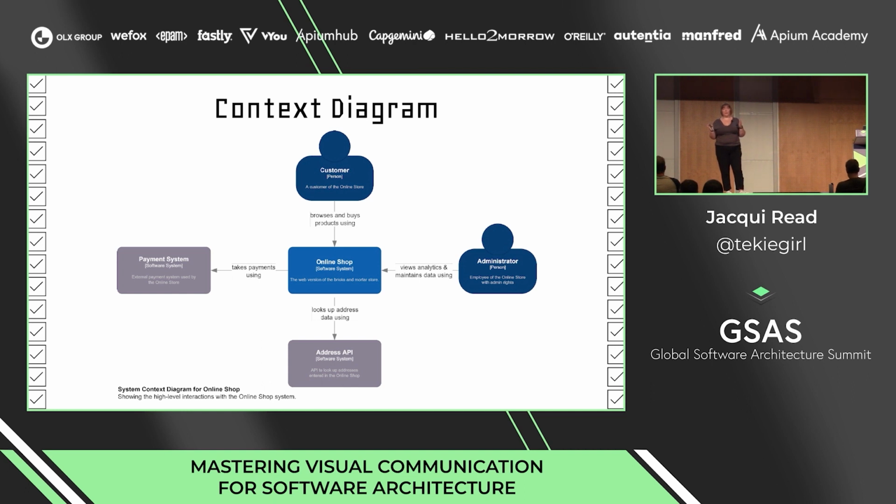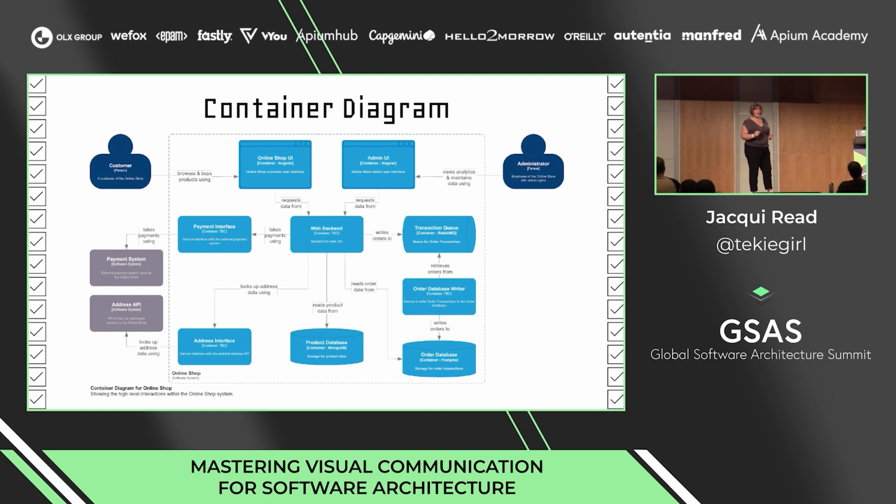So we have two customers, we've got a customer and we've got an administrator, we've got information about how they interact, and then we've got some systems which are external, the grey ones, and how it interacts with those. So that's that level. And then we've got a container diagram for the system as well.